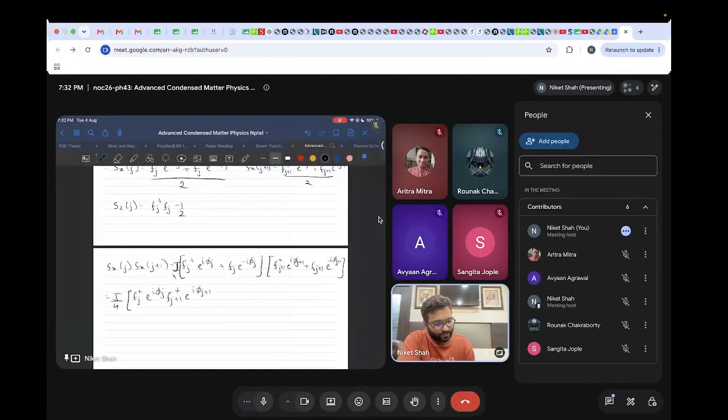So these are the only terms, right? So what will this give me? Plus the second term is F_j dagger e^{i phi_j} F_{j+1} e^{-i phi_{j+1}}.